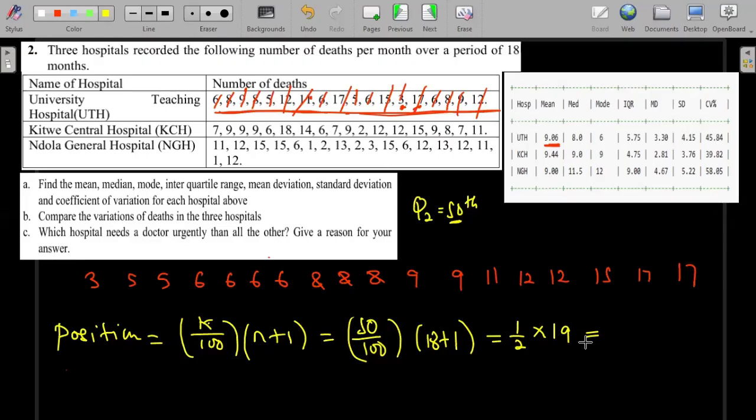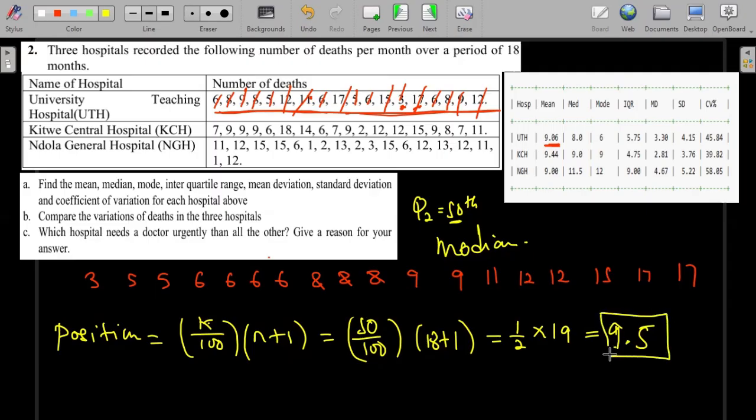Or maybe we can just use the other formula, but I want to get an accurate approximation. So 19 divided by 2, I get 9.5. So it means the position for the 50th percentile, which is Q2, or in other terms, the median that we want, is at position 9.5.